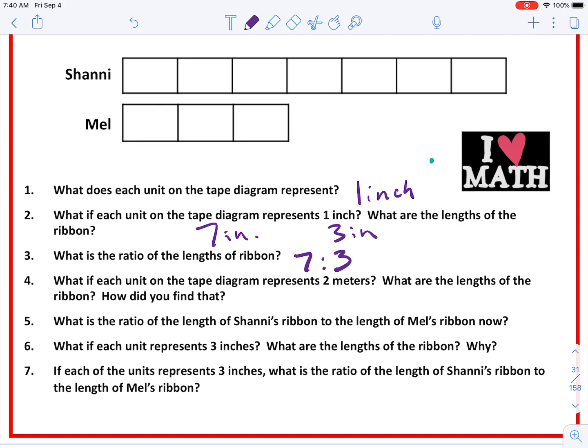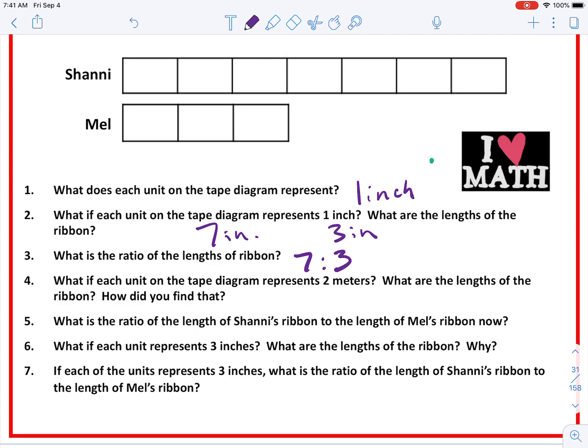Now, this is where things get a little bit tricky. Number 4 says, what if each unit on the tape diagram represents 2 meters? What are the lengths of the ribbon? How did you find that? So if each of these units represents 2 meters, what are the new lengths?